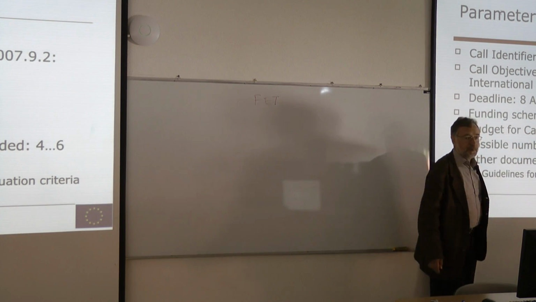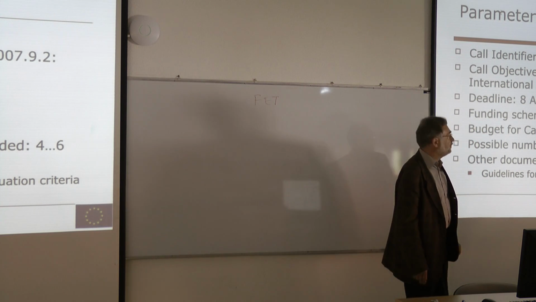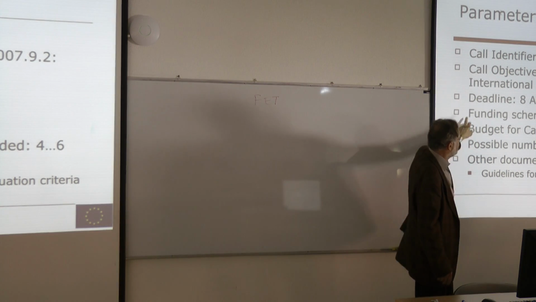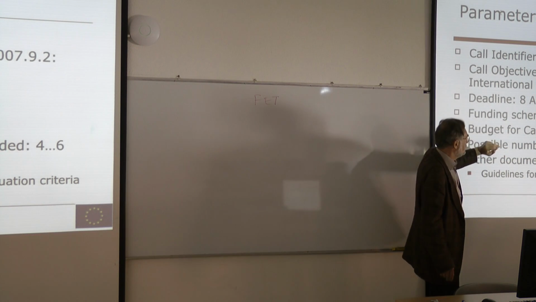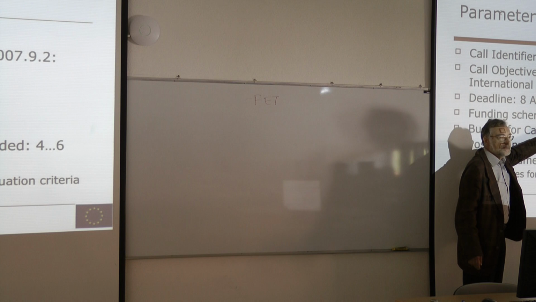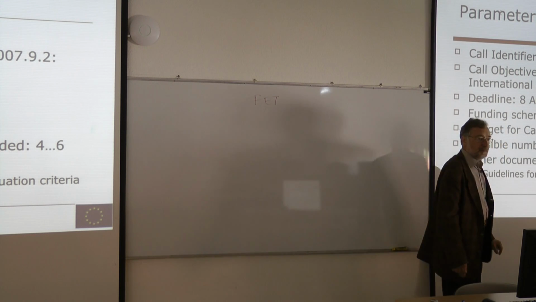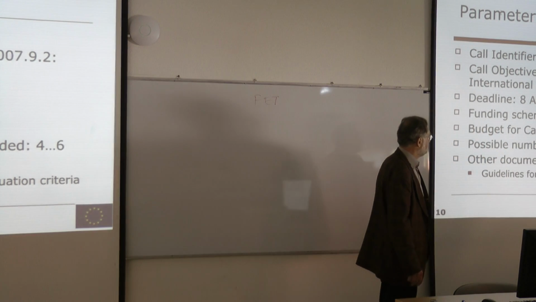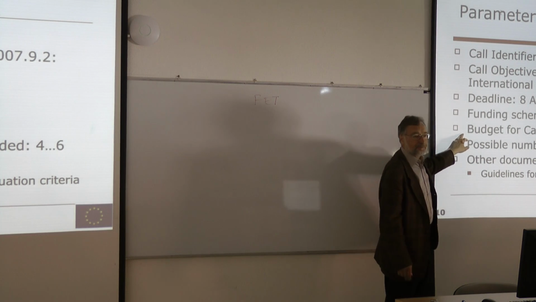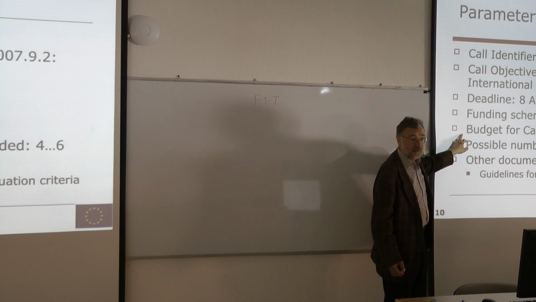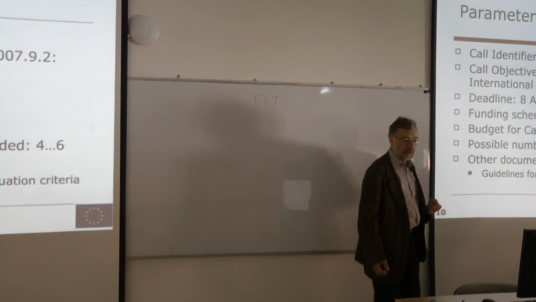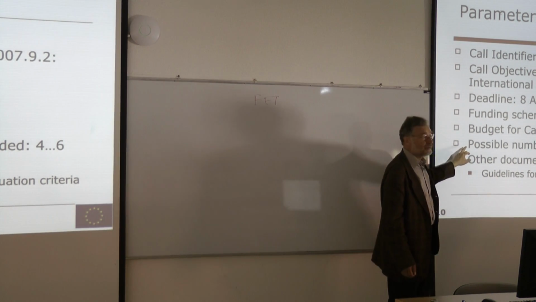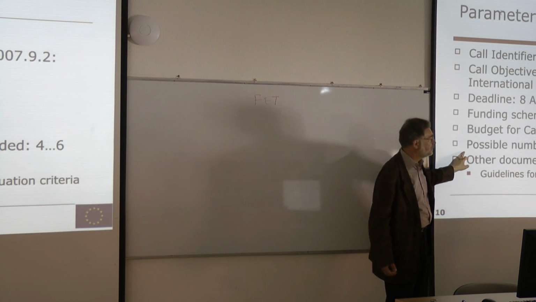This is normally published 3 months before. So we started to sit down to write a proposal. We have a certain funding scheme in this respect. In this case, it was coordination support action, so not a real research project. We have seen in the document, in the call fiche, there is a budget published, which is 5 million euro, and we thought about this as part of the analysis work.